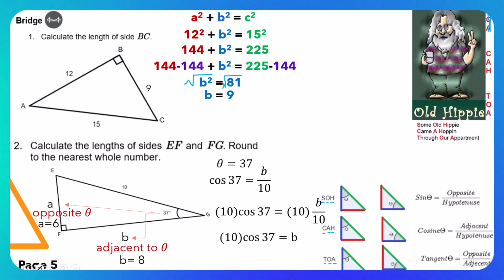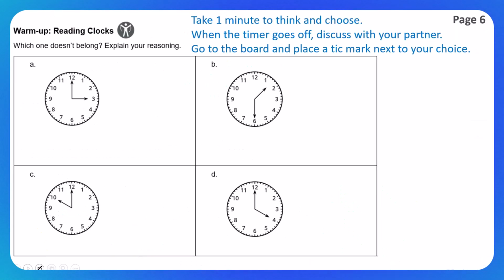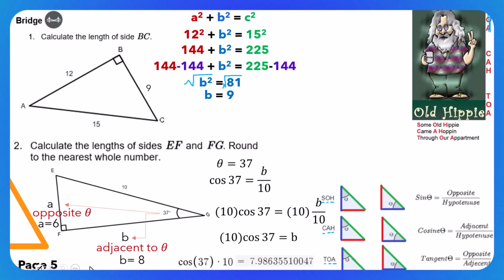And then we'll be left with 10 times the cosine of 37 equals B. So put that into your calculator. 10 times cosine 37, you will need to use your functions, and you will get approximately 7.986355, so forth. Rounding to the nearest whole number, that rounds to 8. So we're going to put 8 up there by B.